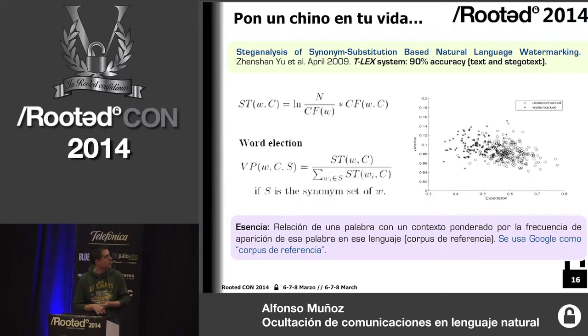So at the end of the day, the idea is the same thing, trying to detect whether a word fits within a context or not. And then they also have a good idea, that is to say, use the best statistical table ever. And which one is that? Well, that is the internet. They use a search engine on the internet as a statistical table. For instance, if I have to find a pattern, I launch it to Google, and the number of results of websites that I find tells me how human that is.